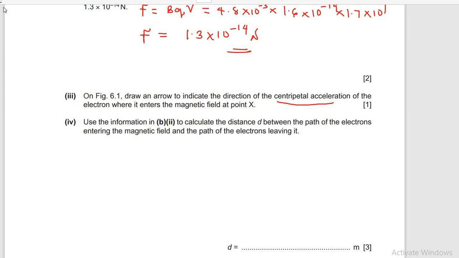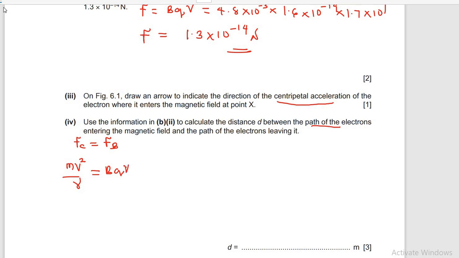The next question: use the information to calculate the distance d between the path of the electron entering the magnetic field and the path of the electron leaving it. In circular motion, the magnetic force provides the centripetal force. Centripetal force is mv squared over r. Magnetic force is BQV.